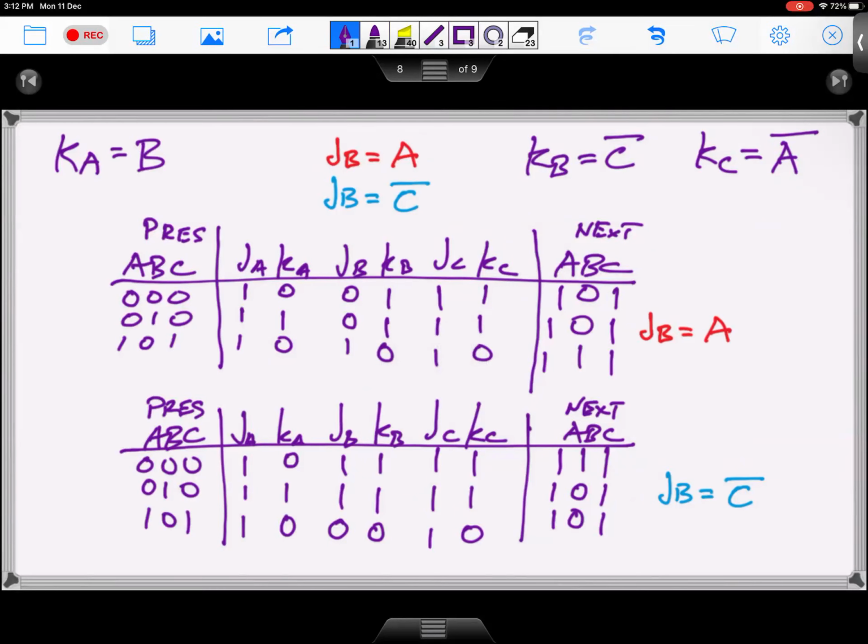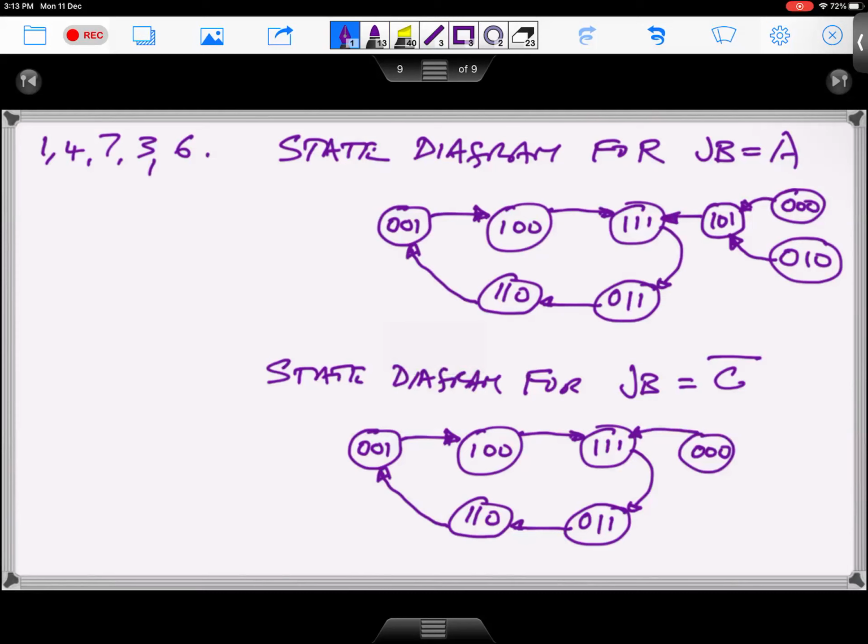And then we have 2 going to 5 and 5 going to itself.